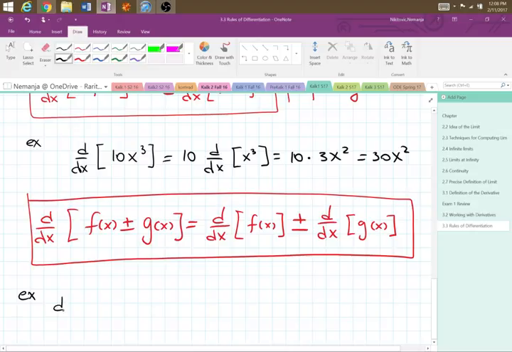So say you have x cubed plus 5x plus square root of x to the 7th, minus, let's do minus.